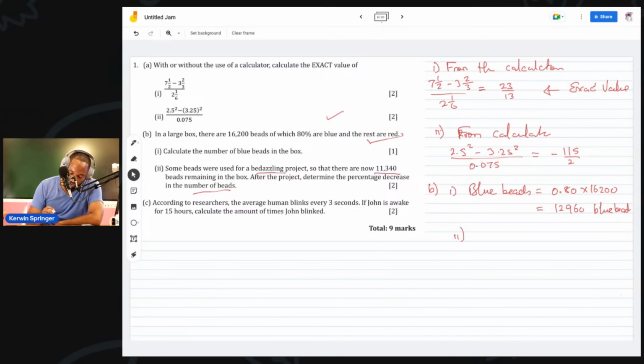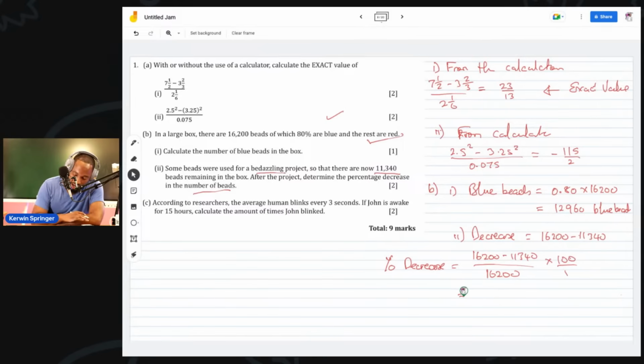Anyhow, so the decrease is 16200 minus 11340. And then you take that number and put it over the original and multiply by 100 over 1 to find the percentage decrease. So I can write the number over the original, multiply by 100 over 1.